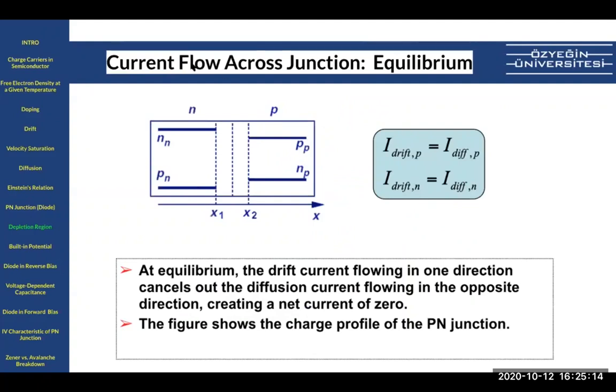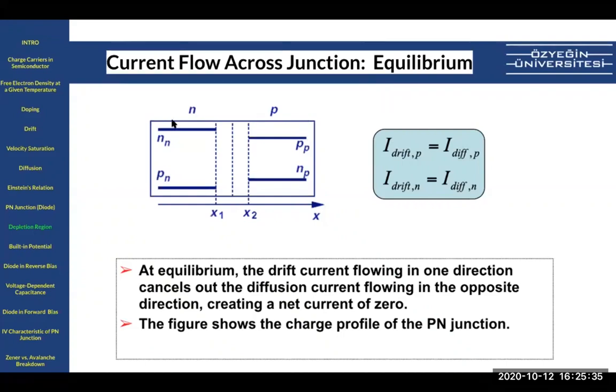We talked in the previous lectures about what a junction drift current is. The drift current happens because if there is an electric field, holes have a mobility constant, electrons have a mobility constant, and velocity equals mobility constant times electric field.